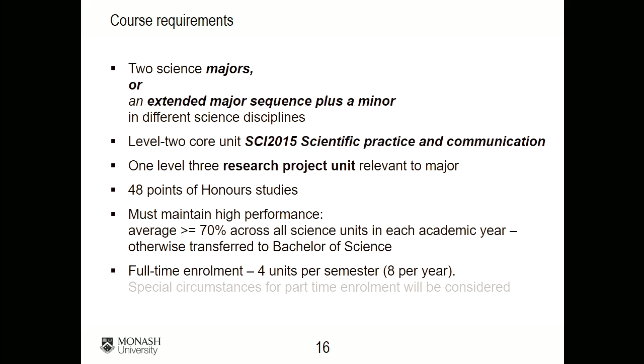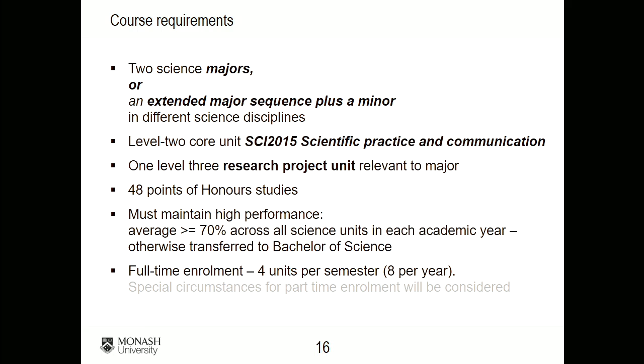You need to complete one level 3 research project unit, which is relevant to your major. Again, some schools offer a second year research project as well. So physics, astronomy and astrophysics and chemistry also offer second year projects. And you need to complete 48 points of honours study, so that's your 4th year research component.